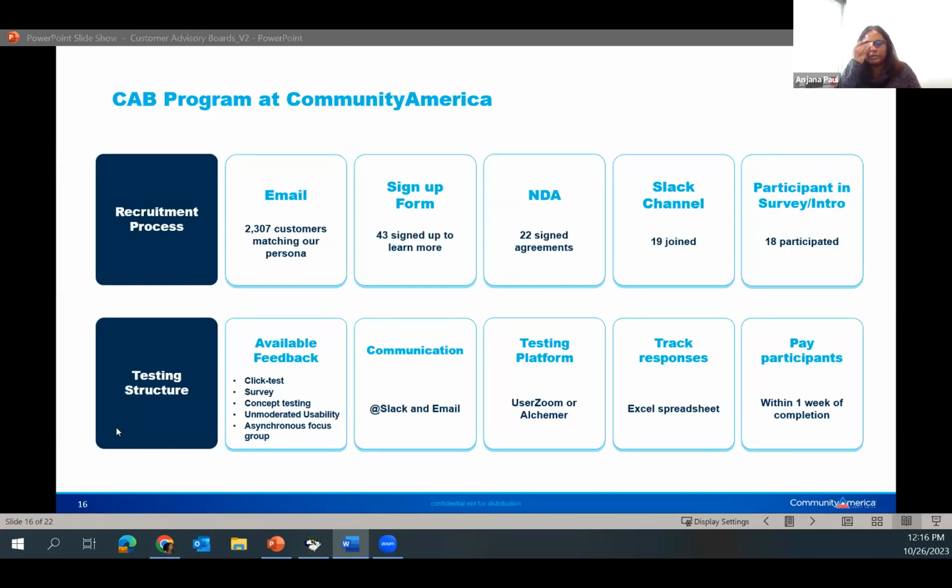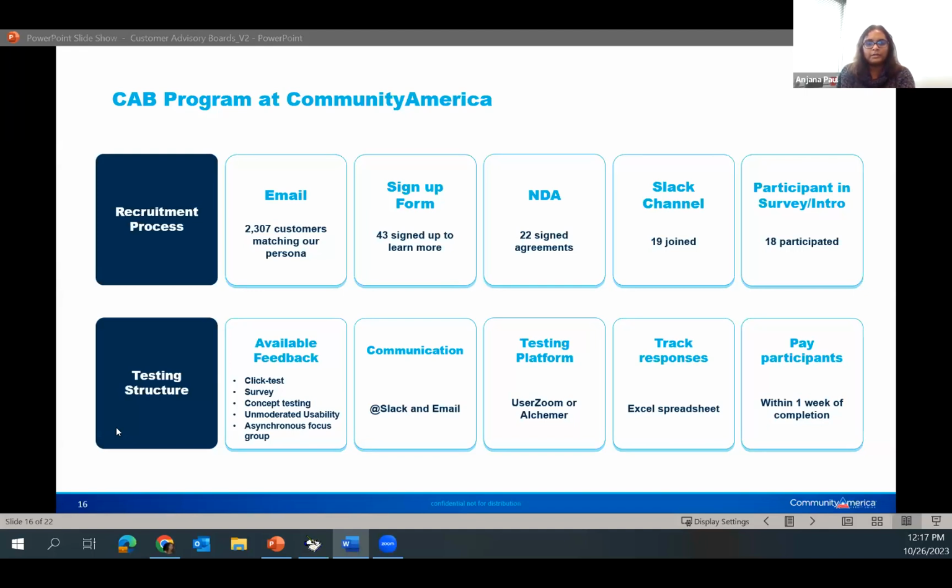Our testing structure worked like this. When we had an opportunity to get feedback on a different design or we had a question, we figured out what research method worked best, and then we communicated it out to the Slack channel. We also sent an email follow-up to all the members as well.